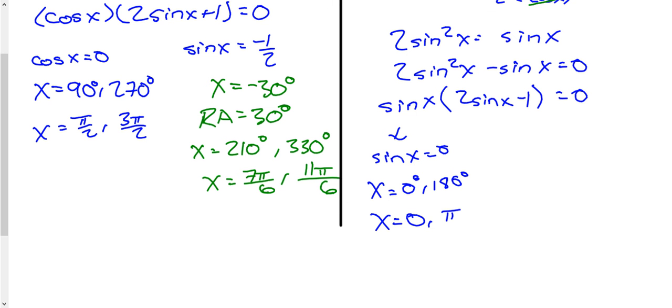Over here we have our 2 sine x minus 1. Again, set that equal to 0, so you have 2 sine x minus 1 equals 0. So then sine x is equal to positive 1/2. And of course, where would that occur? Well, we are looking in quadrant 1 and quadrant 2 there.